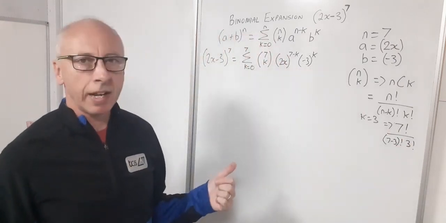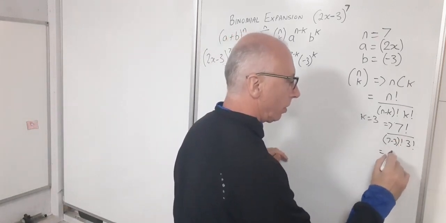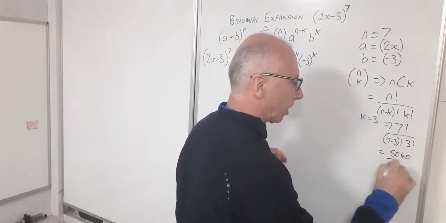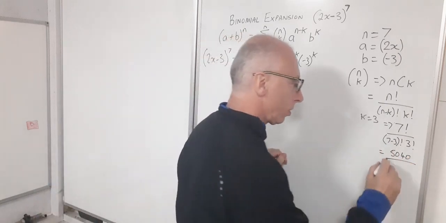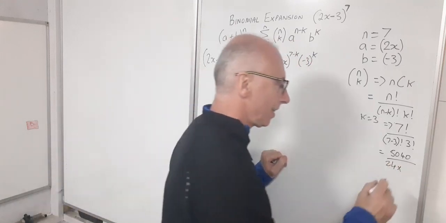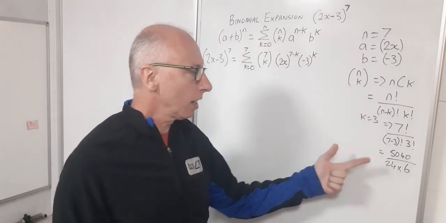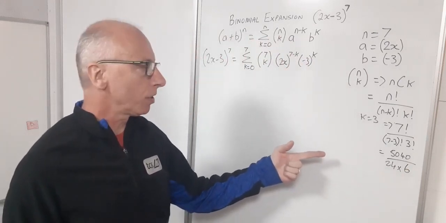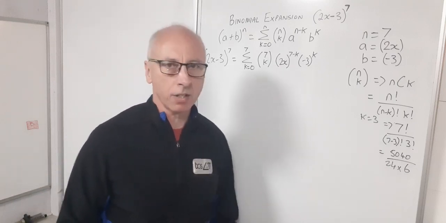So if we want to work that out, 7 factorial is 5040. 7 minus 3 factorial is just 4 factorial, so that's 24. Then times that by 3 factorial, which is 6. So 5040 divided by 144 would give us our value for when k is 3.